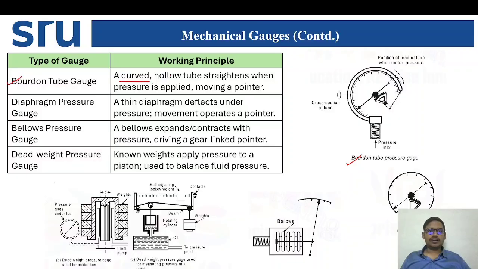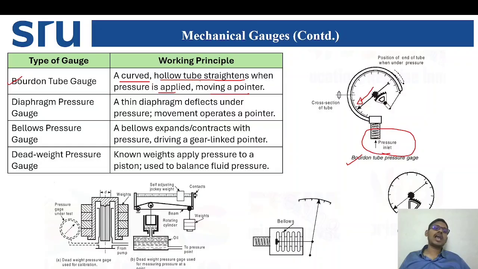A curved hollow tube straightens when pressure is applied, moving a pointer. Here the pointer is there. It's the cross-sectional position of the end of the tube when under pressure. Pressure inlet: so if pressure is there, it will be automatically recorded.